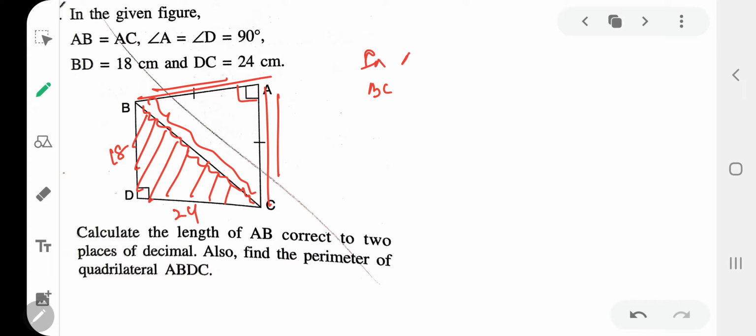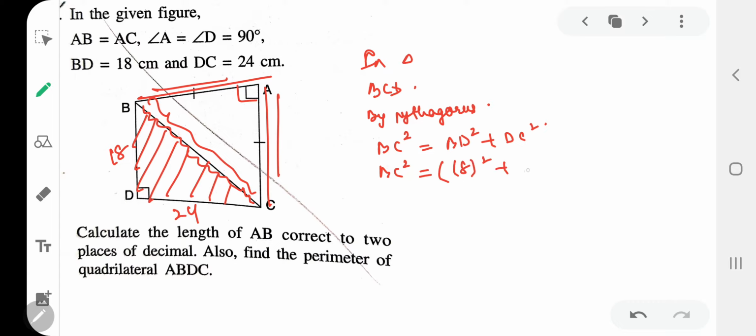In triangle BCD, you can go for Pythagoras. By Pythagoras, you can write BC square is equal to BD square plus DC square. BC you do not have, BD you have, 18 square plus 24 square.